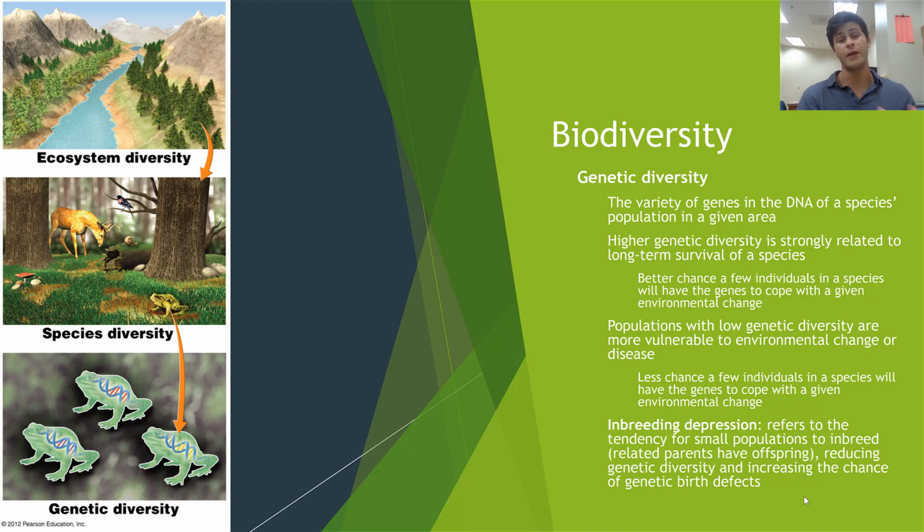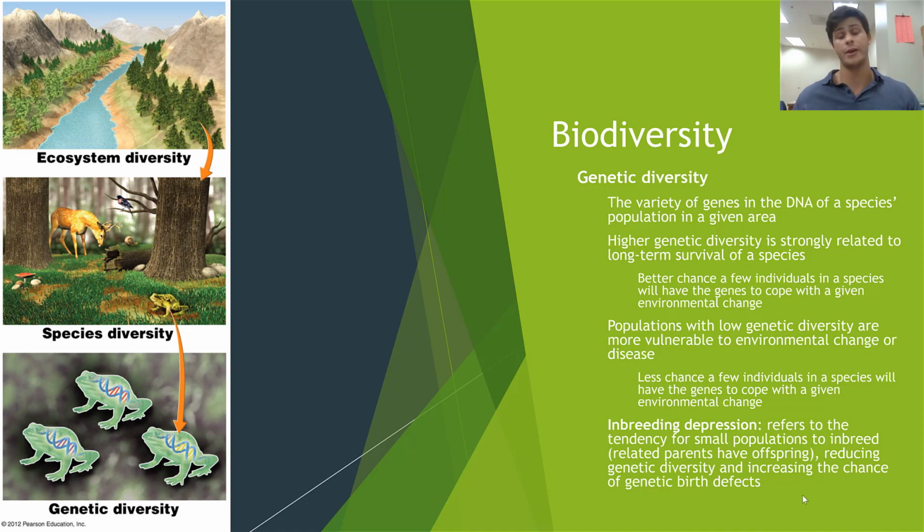Genetic diversity is the variation in genes or genetics among individuals of a single species in a single population. Now, genetic diversity goes a long way in determining the long-term probability that any one species is going to survive. And to understand this, I want you to think back to Chapter 3 and the drivers of evolution and natural selection.